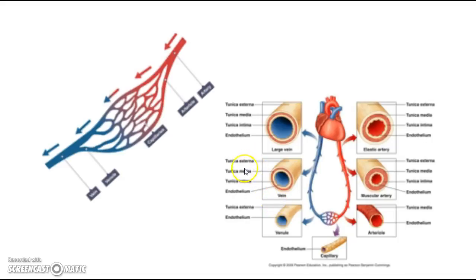But they're made up of the tunica externa, which is the outer layer of the vein or the artery, the tunica media, which is the middle, and the tunica interna, which is the inner layer of the vein or artery.